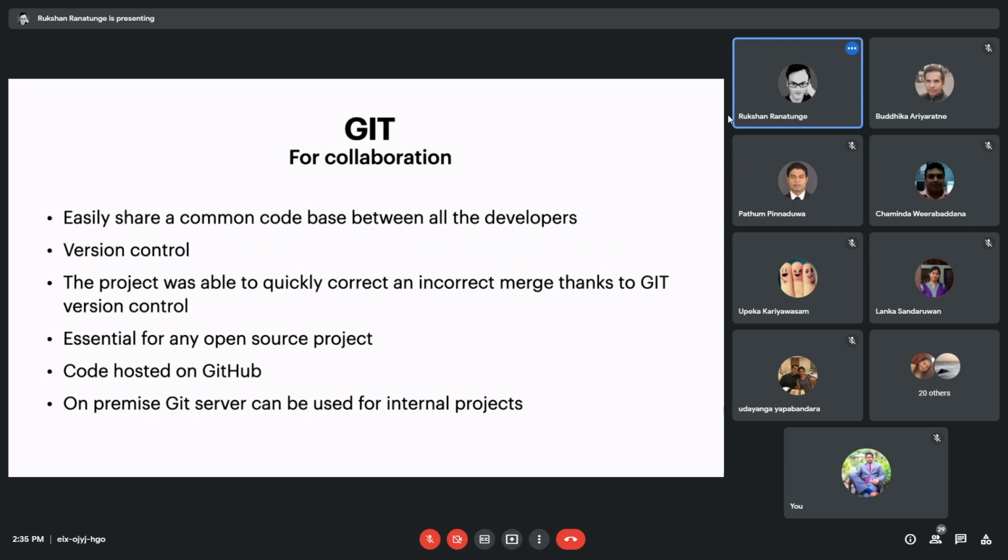And we currently host the project on GitHub, which is the largest open source community. And because of that, in future as well, we are able to attract interested developers who would like to contribute, because there are a lot of developers actively coming to GitHub every day.